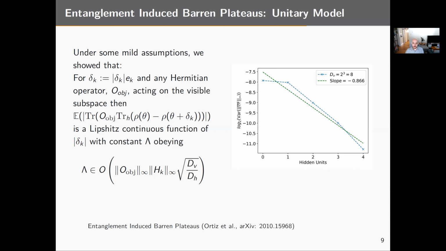In particular, if you look at the fidelity, when we look at the infinity norm of the gradient of the fidelity, and we compute the variance over an ensemble, we start seeing that for a fixed visible dimension, in this case a dimension of 8, as you increase the number of hidden units, we see a decrease in the gradients. So the gradients start getting smaller and smaller.